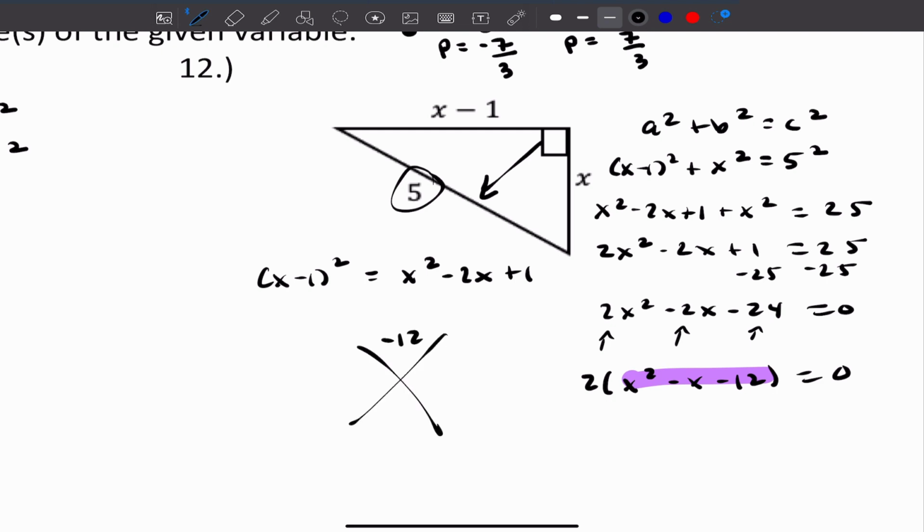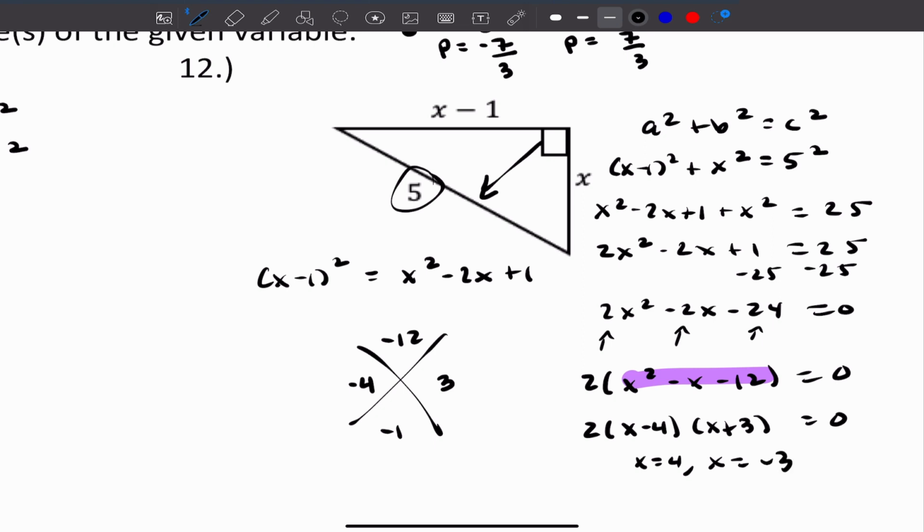Negative 12 goes up top, negative 1 goes on the bottom. What two numbers multiply together will give me negative 12 and add to negative 1? I'm thinking negative 4 and 3, so 2 times x minus 4 times x plus 3 equals 0, so x equals 4, x equals negative 3.